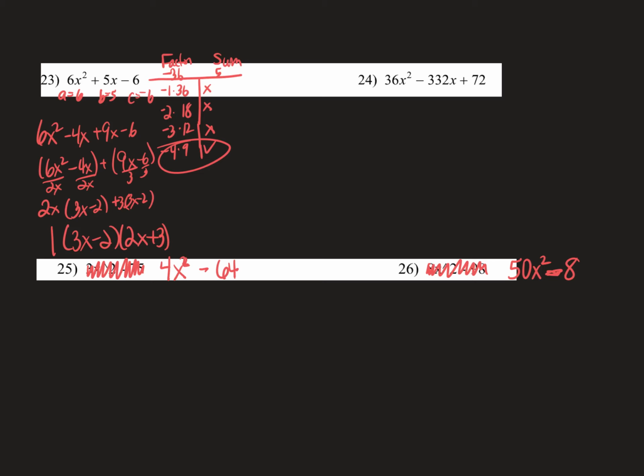Nope, 6 does not go into 332. 2 does, so let me just undo all that. So 2, this would be 18x squared minus 166x plus 36. Those are all still even, so 4 must go into all of them. Okay, let's get rid of that.